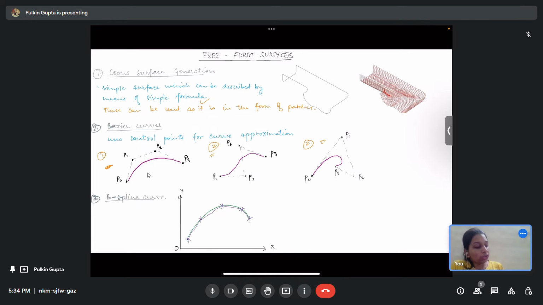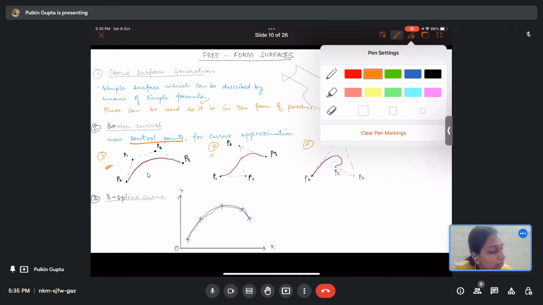Okay, so in Bezier curves, we define certain control points. Now, these control points approximate the curve for us, and it is not necessary that your curve passes through your control points.